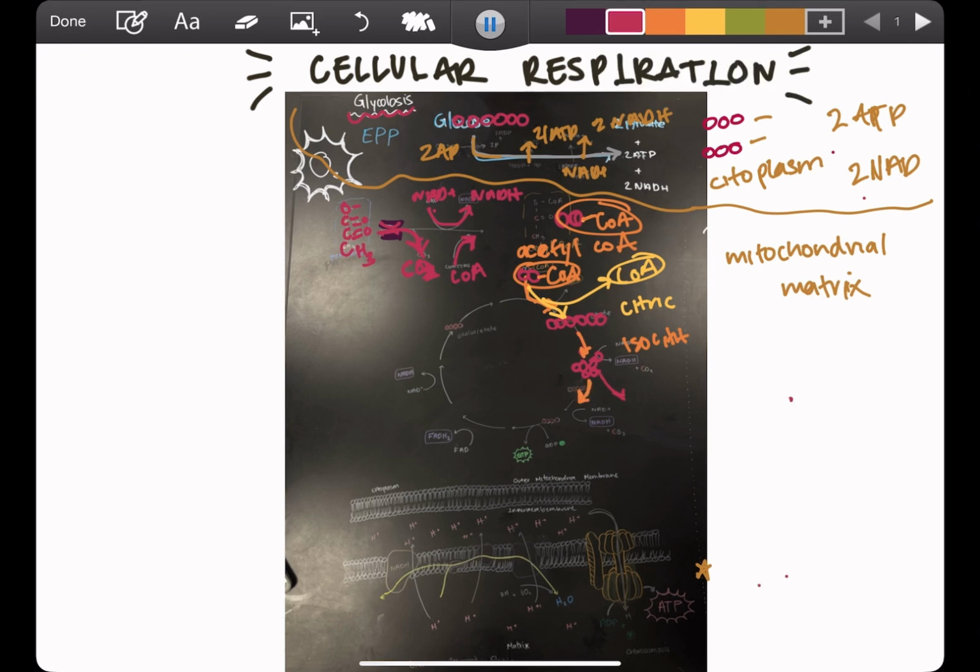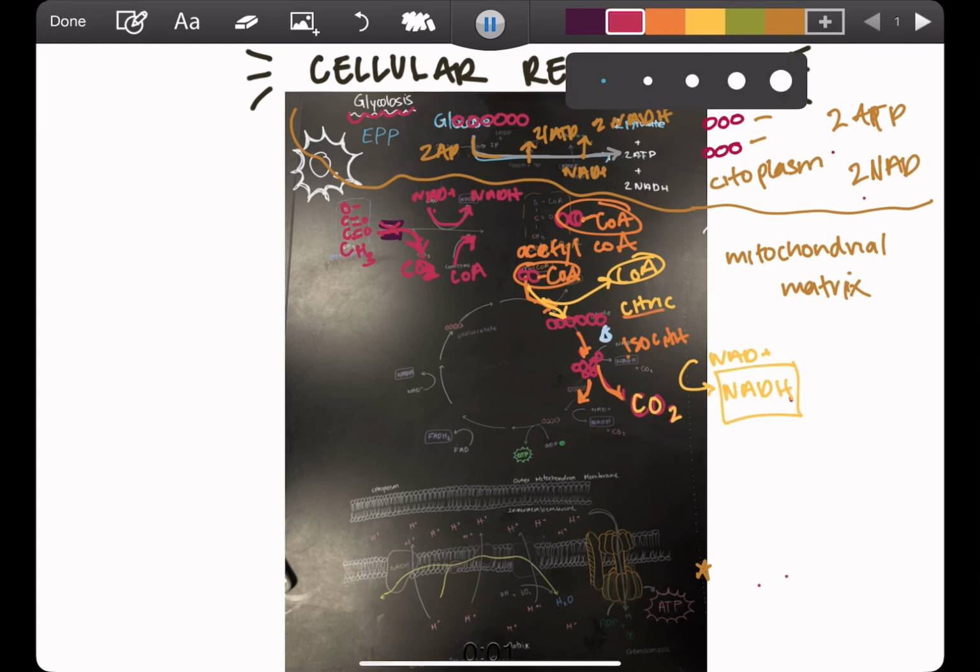Okay, so then isocitrate is oxidized and it loses 1 carbon in the form of carbon dioxide, and during that process, NAD plus is converted into NADH. This creates a 5-carbon molecule with a funny name.